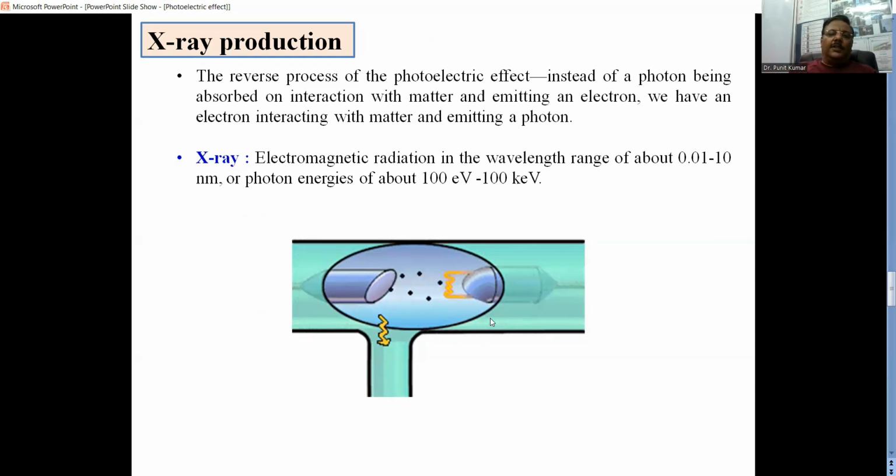So if a photon is emitted with a high energy, this process is termed X-ray production, and has a minimum condition that the energy of the emitted photon should be in the range of 100 electron volt to 100 kilo electron volt. You can see that the electrons are emitted from this cathode. They strike a metal target and the photons are emitted.